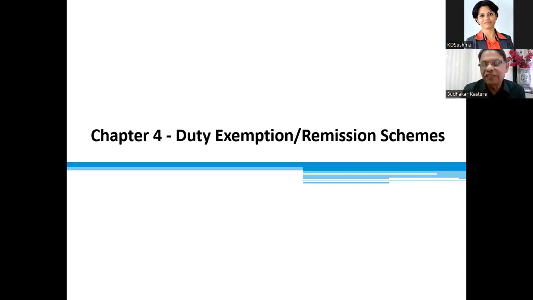Some of you might have read the custom notification. If you read the custom notification very carefully, the first para says it is issued in public interest. Why is the word public interest? What is public interest? Since the taxes are collected for public welfare, exemption has also to be granted in public interest. It cannot be given to you personally.